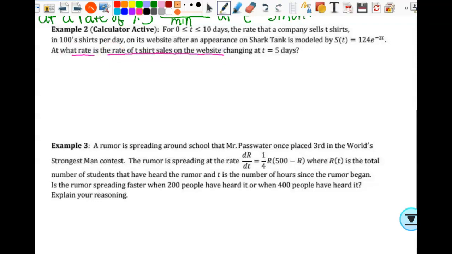So they give me S of t, right? Am I going to use S of t, S prime of t, or S double prime of t? Okay, S double prime, why? It's the rate of the rate. What does S represent here in this question? Read that question. What does it say?